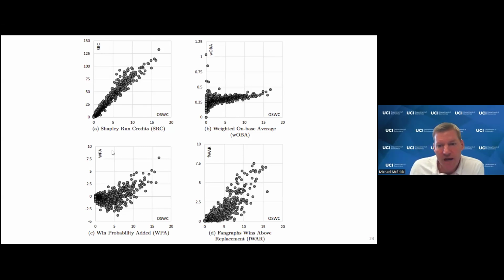These are 2 different measures. This is a probabilistic measure of win contribution, so it's positively correlated. This is a measure of wins called wins above replacement, which captures both offense and defense, whereas my stat is just offense. They're correlated, but imperfectly so.